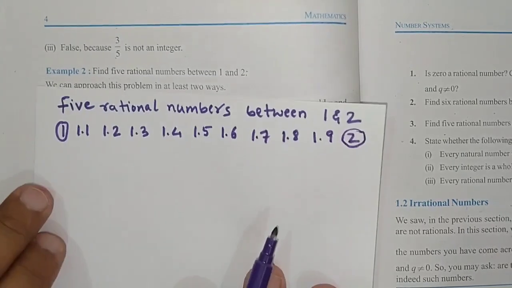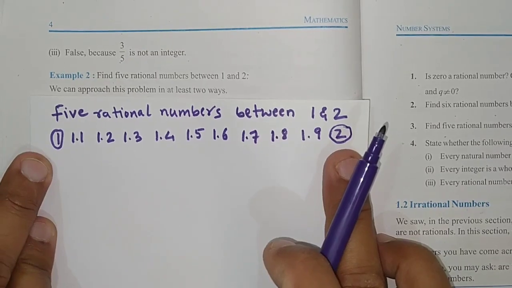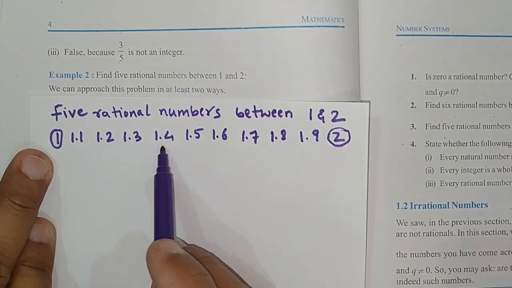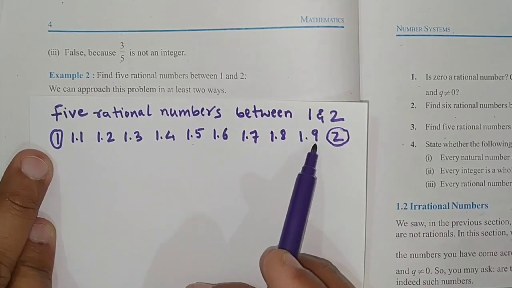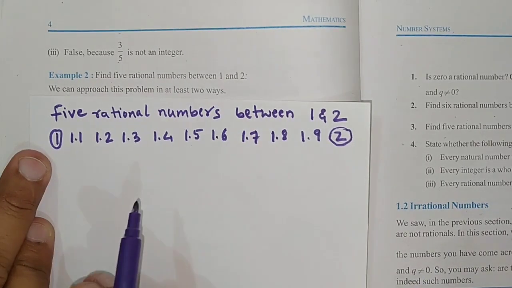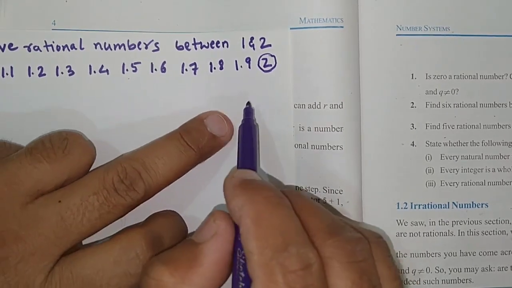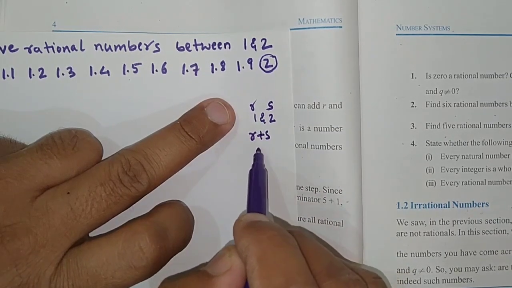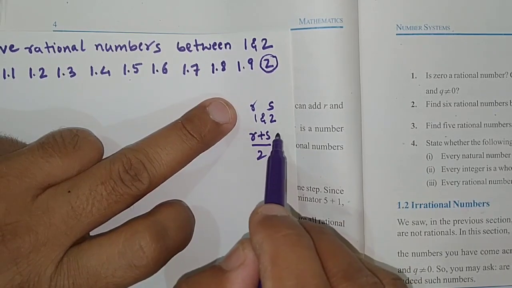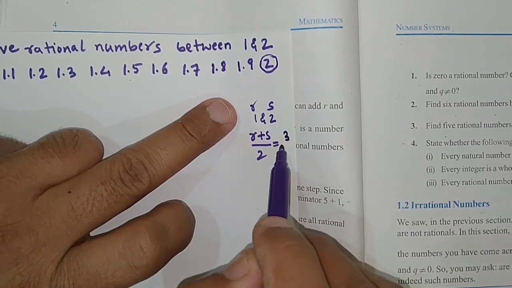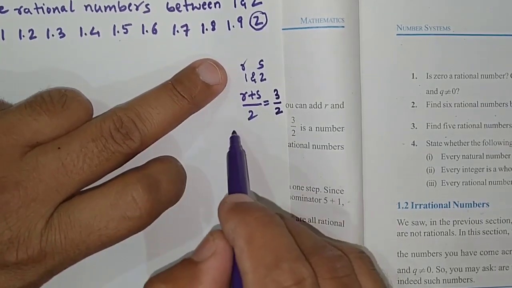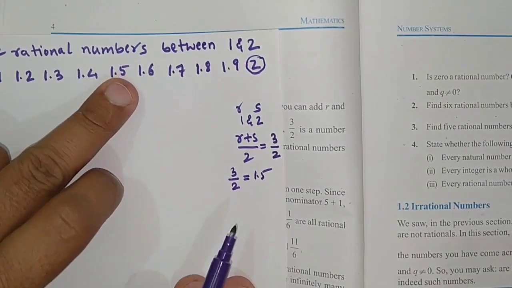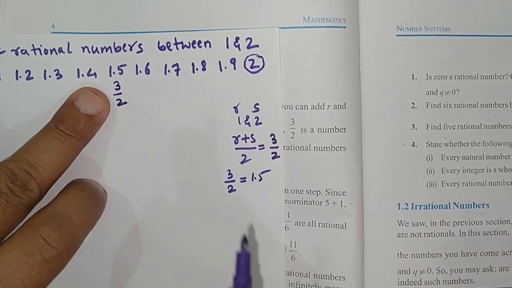So 1 is considered as R, 2 is considered as S. R plus S divided by 2, that is 1 plus 2, you get 3 by 2, which is 1.5. So 3 by 2 is a rational number.